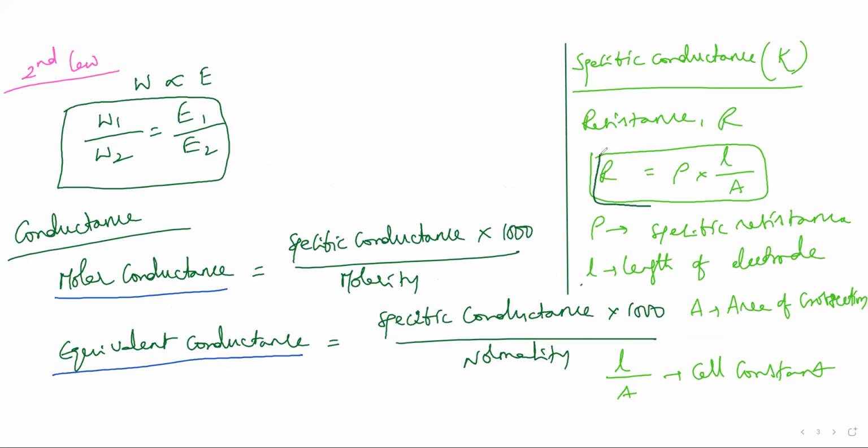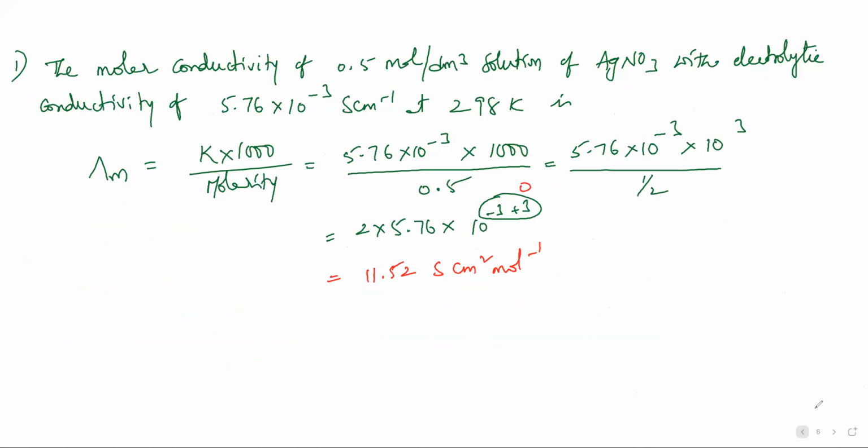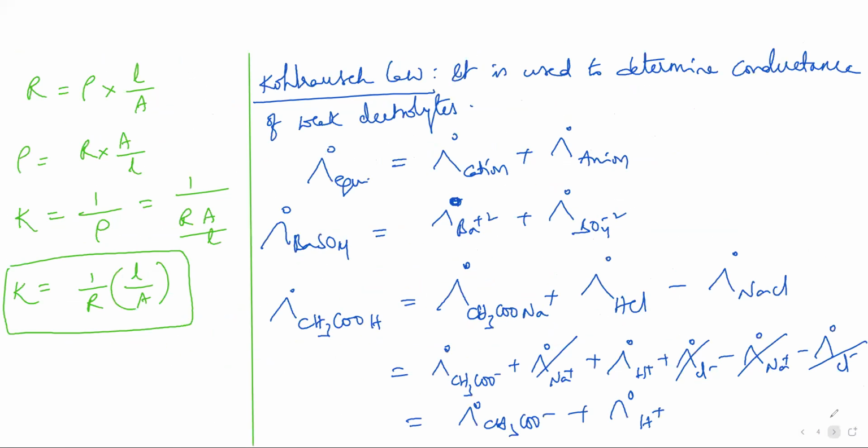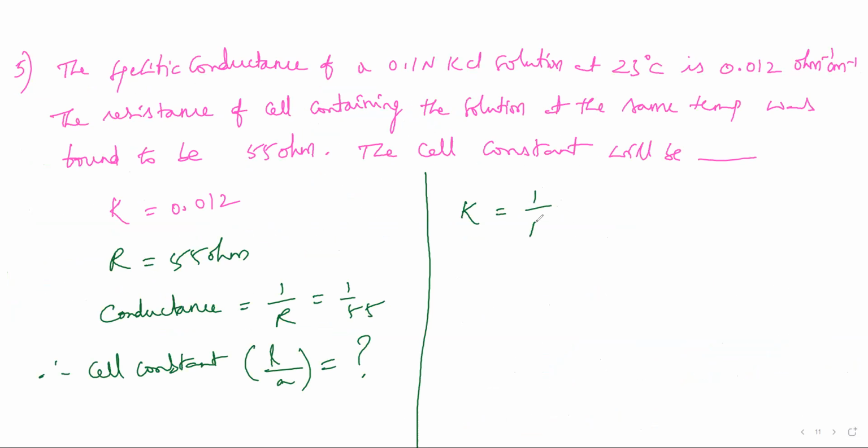If resistance is given, then rho into L by A. So when kappa is given, this is 1 by R into L by A. What we need actually is L by A, that is cell constant. That is kappa into resistance.